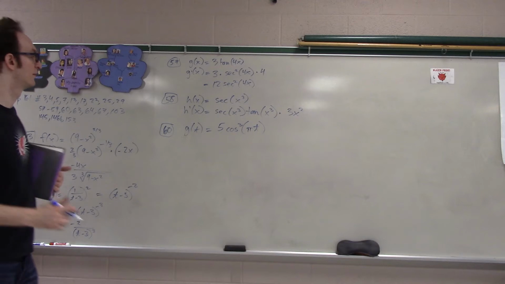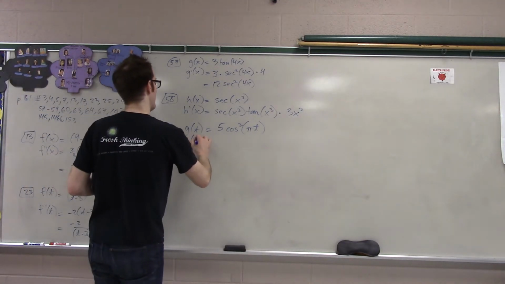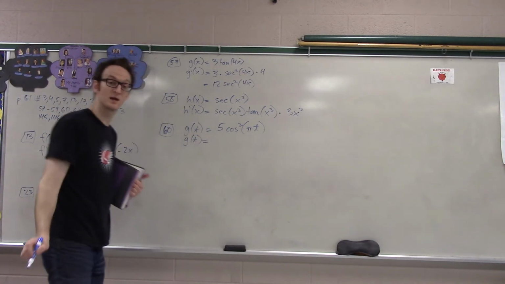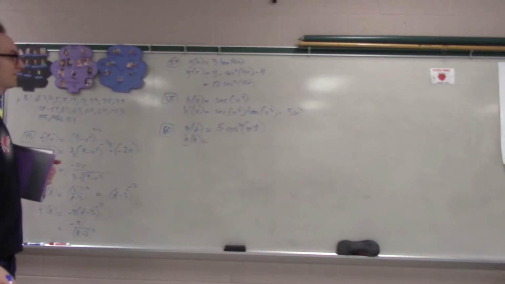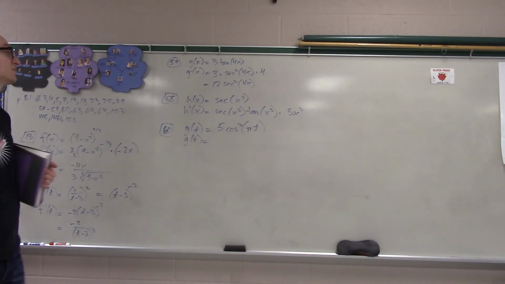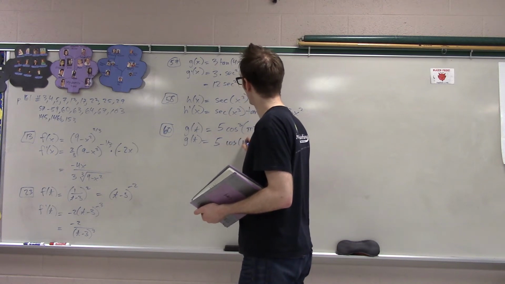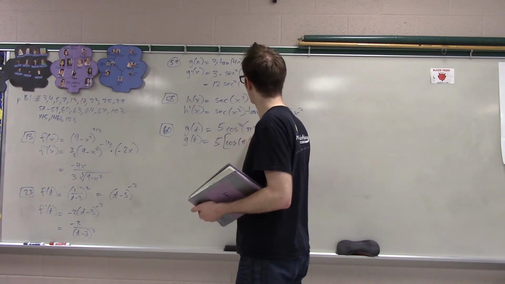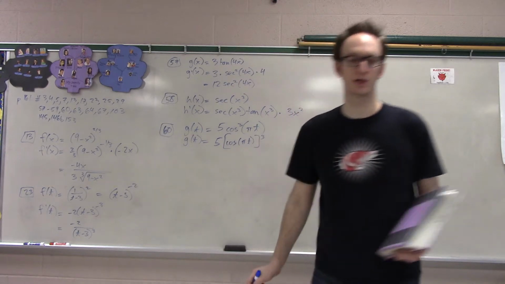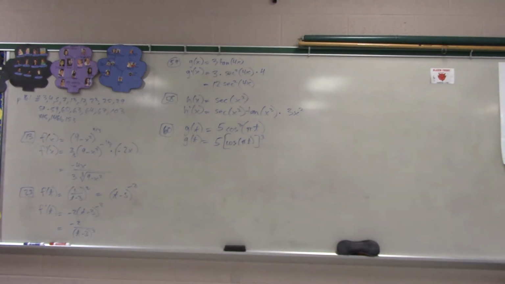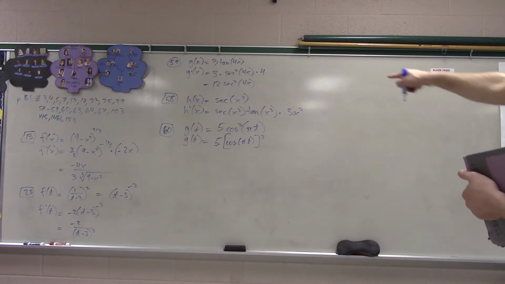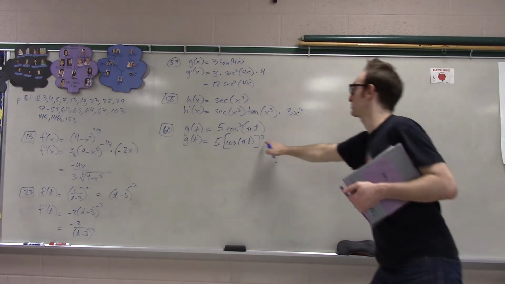Okay, so first of all, I would recommend rewriting this function in a way that makes the structure of it more apparent. So this is really 5 times the cosine of pi t quantity cubed. We put the little 3 there for convenience, but for seeing the structure of this, it's actually really better to write it like this.